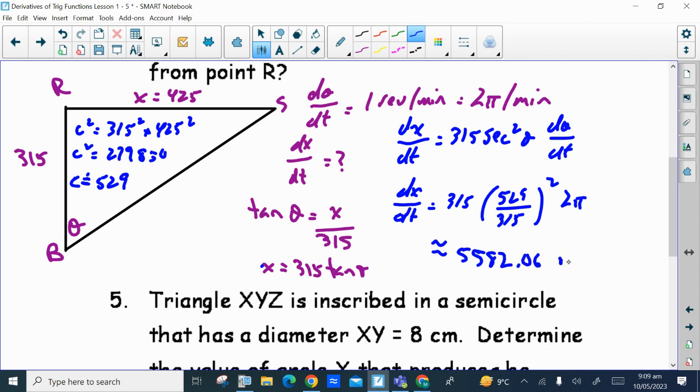And that would be in meters per minute. Our distances are in meters, and theta is changing at a rate of 2 pi per minute. So that's why it's in meters per minute. Okay?